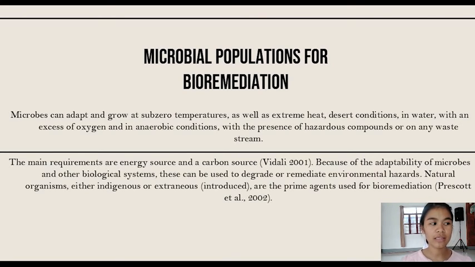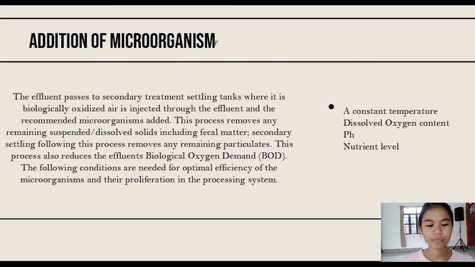So, yun yung tinitake advantage natin na kakayahan ng mga microbes, yun yung ginagamit din natin to break them down. The main requirements are the energy source and the carbon source. Because of the adaptability of the microbes and other biological systems, these are used to degrade or remediate environmental hazards. Natural organisms, either indigenous or extraneous, are prime agents used for bioremediation.